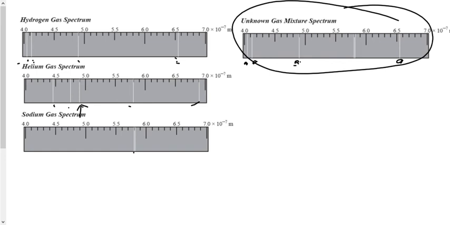But none of the rest of them are there. So is helium there? No. We know there's hydrogen, but we know there's not helium. Let's keep going. Sodium. There's only 2 lines in the visible spectrum for sodium. Are they in the unknown gas mixture? Yep. So what does that tell us about the composition of the unknown gas mixture? It's hydrogen and sodium. Make sense?